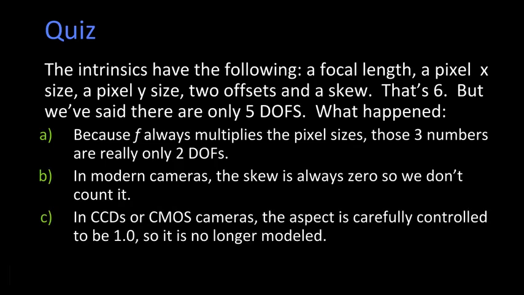C. In CCD or CMOS cameras, the aspect ratio is carefully controlled to be exactly 1.0, so we don't model that anymore either. Well, the answer, as I said, is A. F can be multiplied by A for the 2 different scales, or we can have the 2 different scales, but there aren't 3 numbers there, there's actually only 2, and so the answer is A.